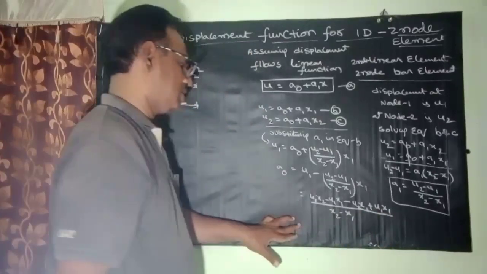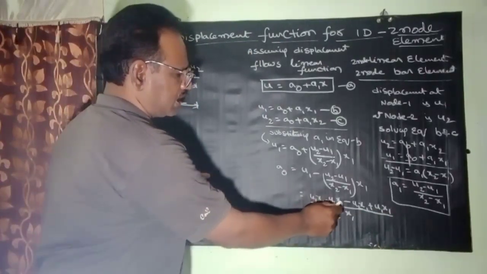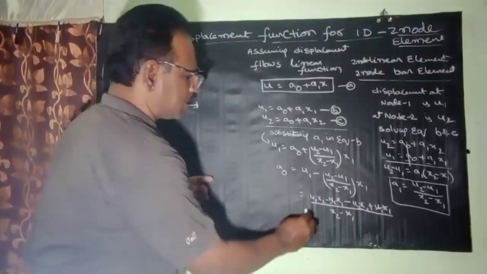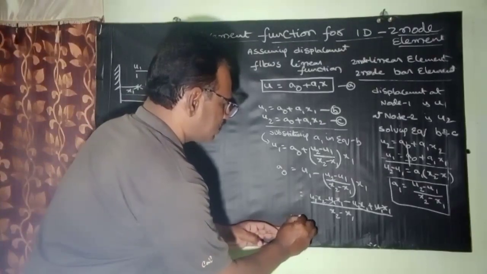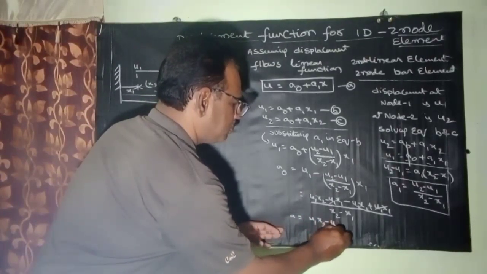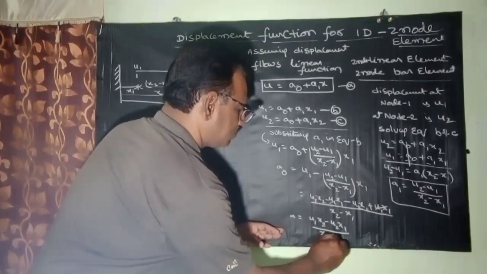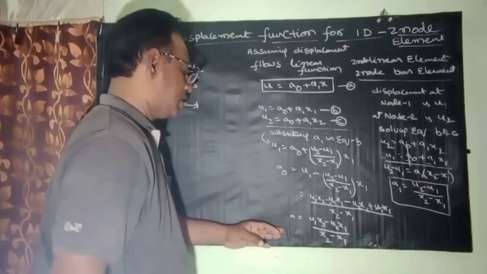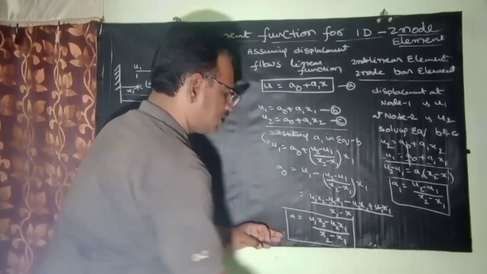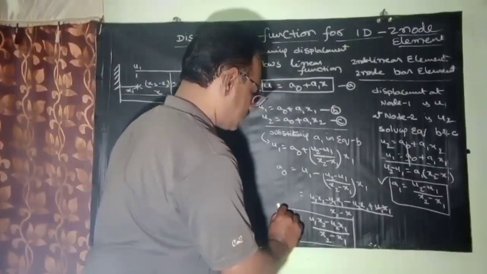Now minus u1 x1 plus u1 x1 will be cancelled, and we can rewrite a0 as u1 x2 minus u2 x1 by x2 minus x1. So now we have the two unknowns, a0 and a1. This is a1, this is a0.